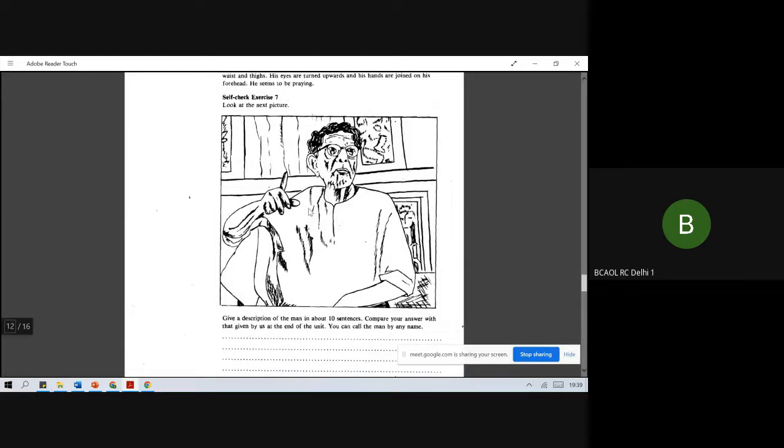In composition writing, first of all, in the first paragraph, you write the introduction of your topic. In a descriptive composition, while writing about a person, you write about size, weight, body complexion, and his favorite food or favorite things.